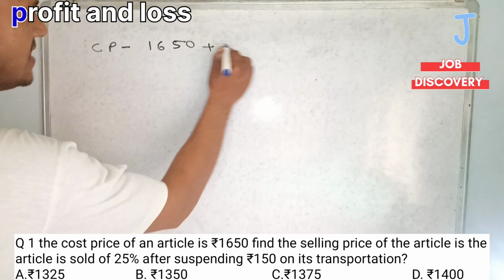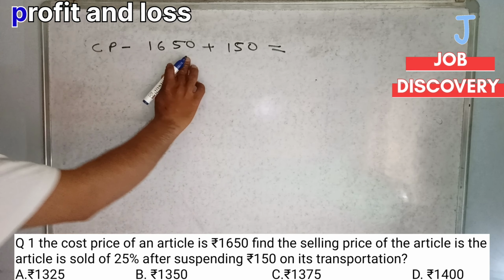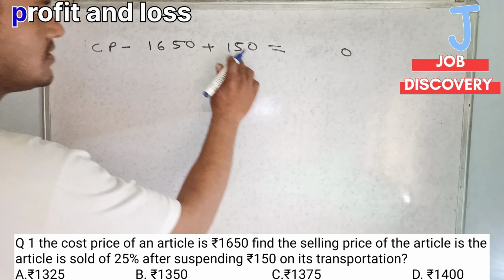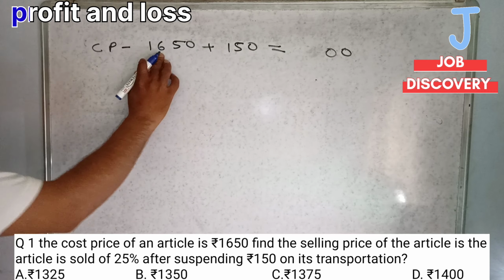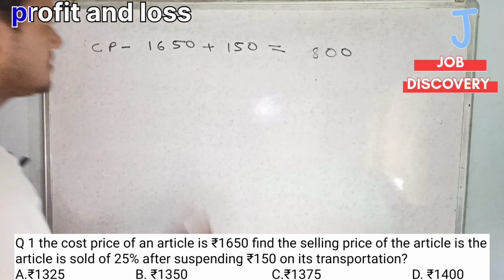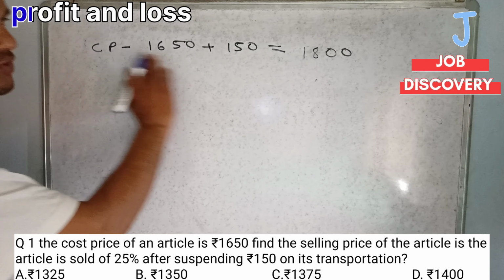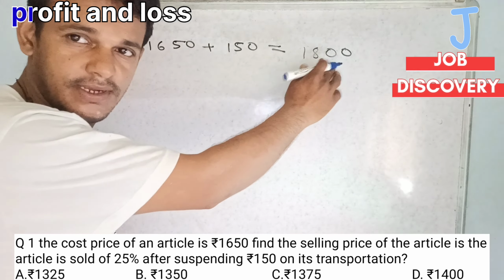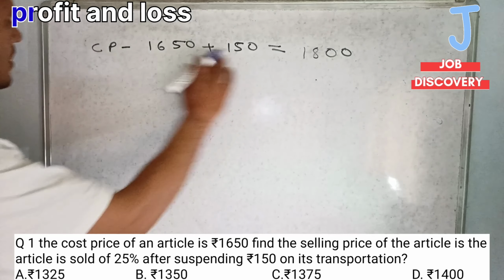So the total cost price will be 0 and 0, 0, 5 plus 5, 10, so 0, 1 plus 6 is 7 and 1, so it will be 8 and 1. The cost price is total 1800 after spending 150, right?